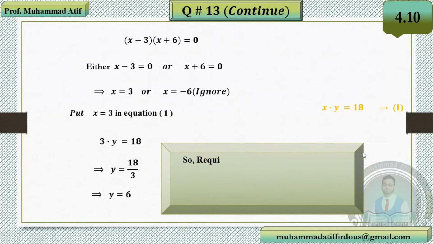We supposed that the original number is x plus 10y. By replacing the values of x and y, you have 3 plus 10 into 6, and simplifying, 63. So 63 is our required two-digit number. Any problem? Okay. Next question.